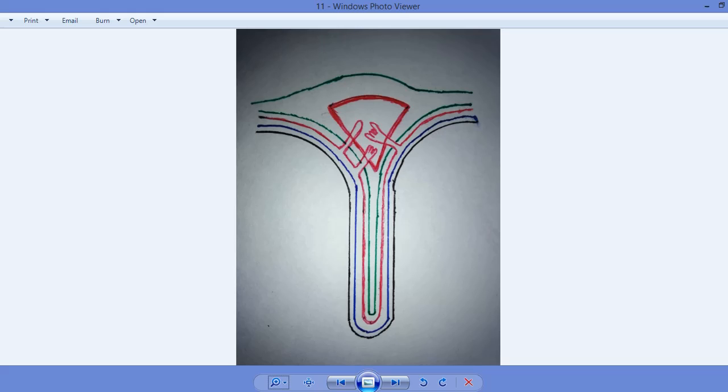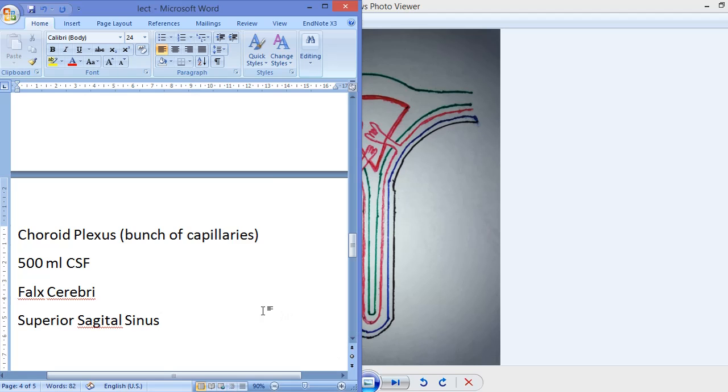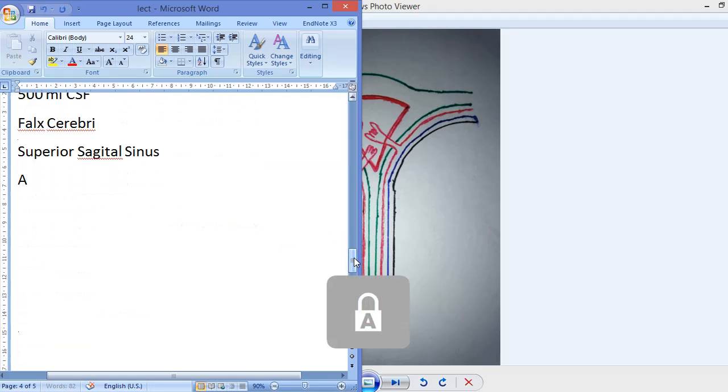So the arachnoid villi and arachnoid granulation, I'm going to write them: arachnoid villi and arachnoid granulation.